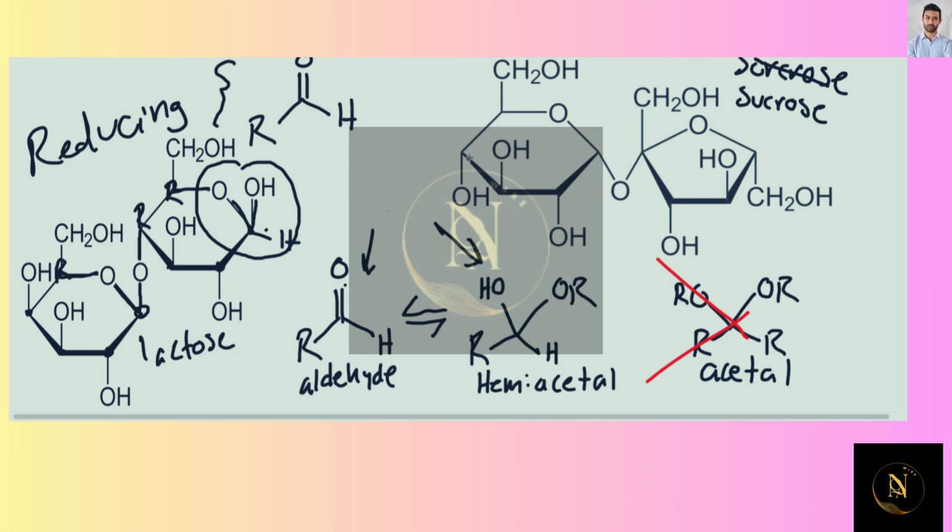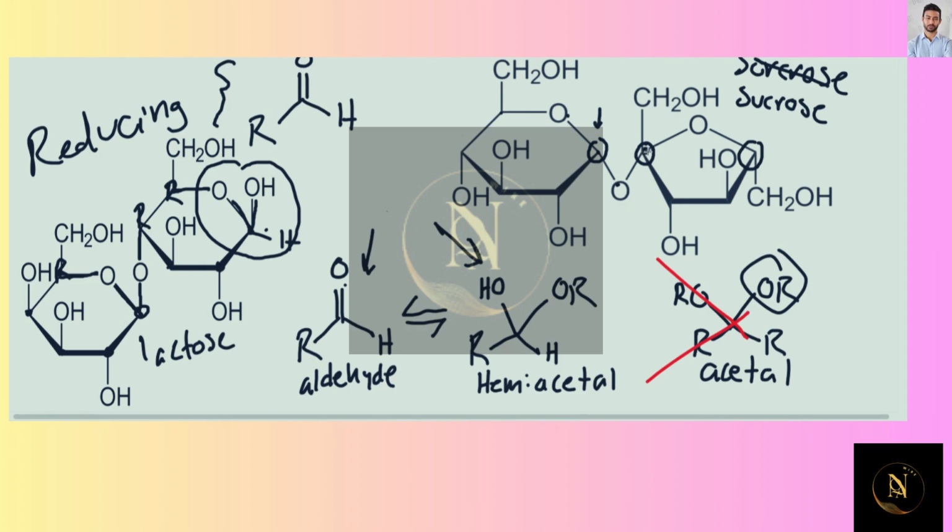What about sucrose? Well, I'll give you a hint. When it comes to searching these sugars, you can always look at these carbons because they're the only ones that are connected to oxygens that are connected to carbon groups. They're the only ones that contain OR groups. So let's look here. We've got carbon, oxygen, carbon, that's OR, carbon, oxygen, carbon, that's OR. That's an acetal, not a hemiacetal.